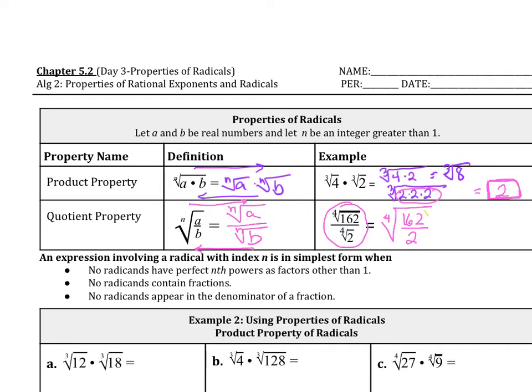Now we can simplify what's inside, so we can divide it. The 4th root of 162 over 2 goes in 81 times. And then the 4th root of 81, we know that's 9 times 9, or 3 times 3 times 3 times 3. The index is 4, so I need 4 of them. So this final answer is 3. It just helps us in evaluating or simplifying these nth roots.